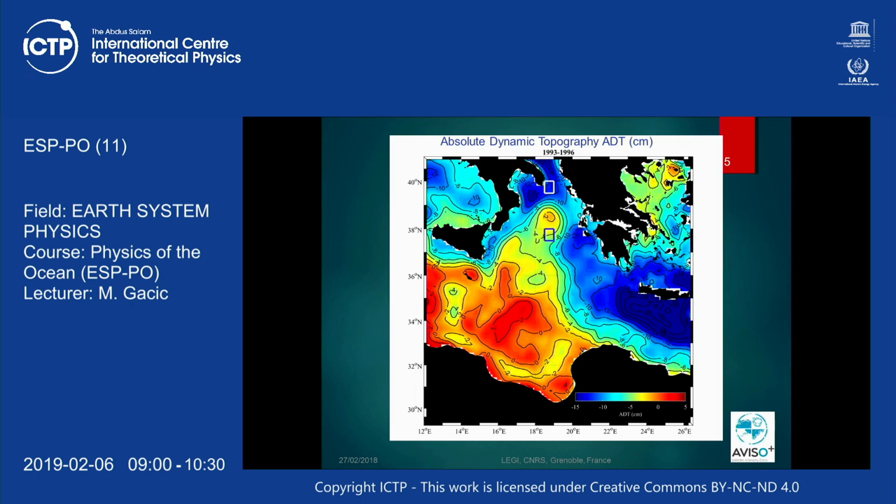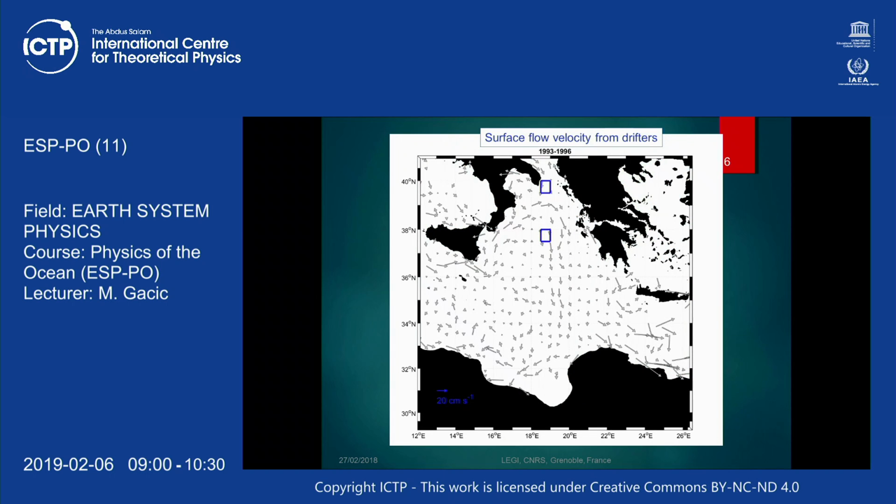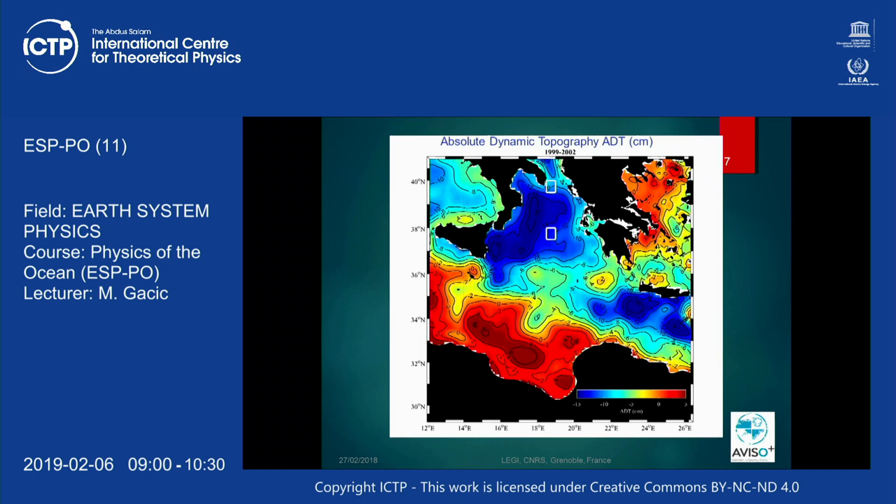If we change, this is specifically in 93, 96. These are flows which I already showed you. In the situation where there is a cyclonic circulation, like in this case here, the sea level is higher here than the center of the cyclone.